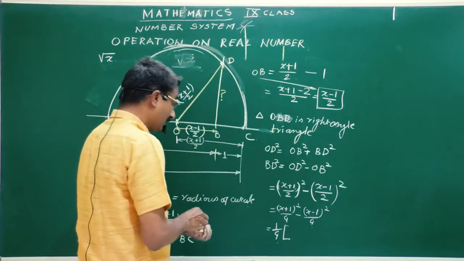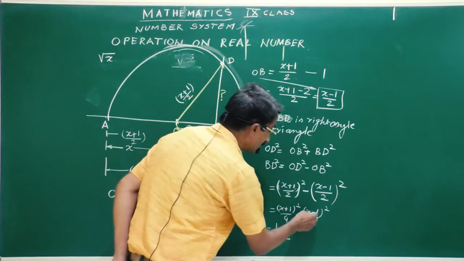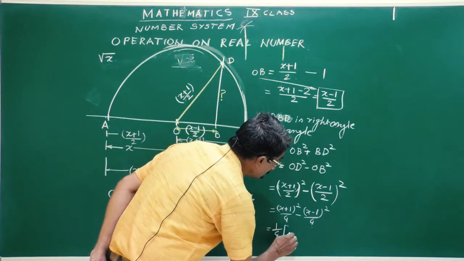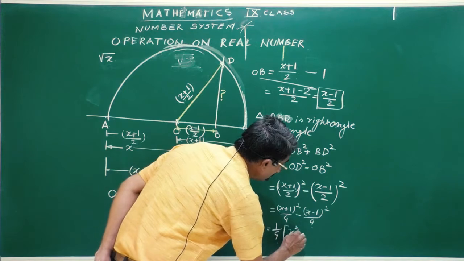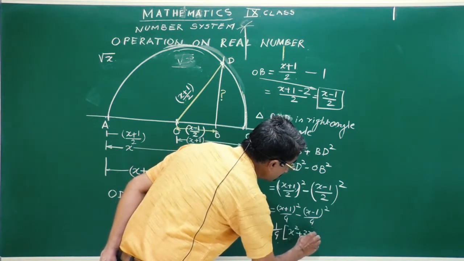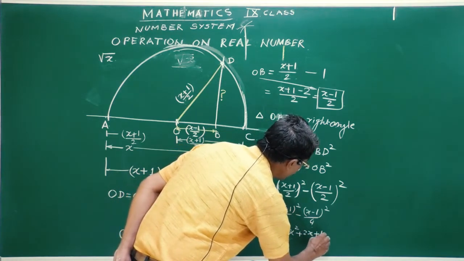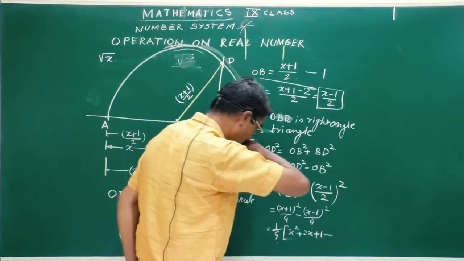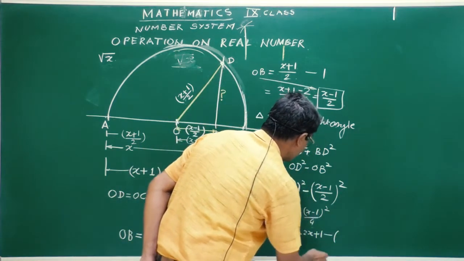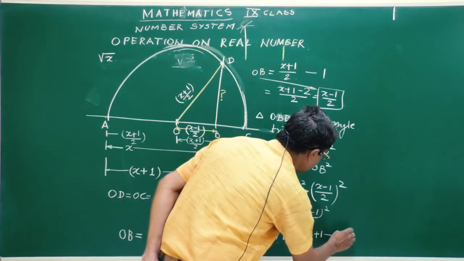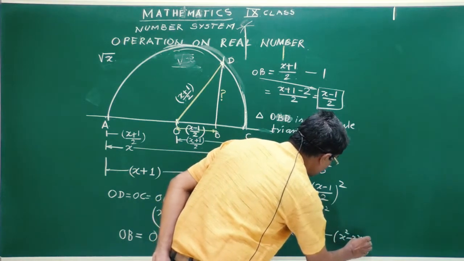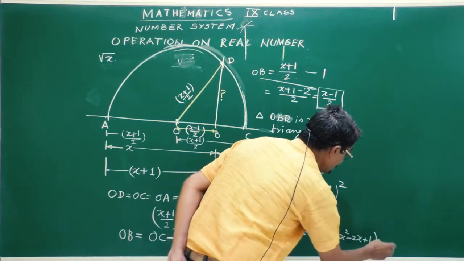1 by 4 is common, and expanding (x plus 1) and (x minus 1) whole squares. So that is x square plus 2x plus 1 minus bracket x square minus 2x plus 1.